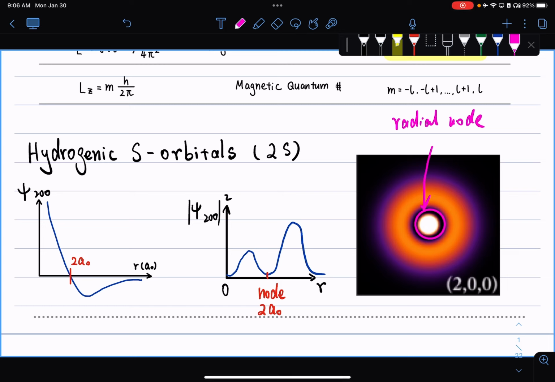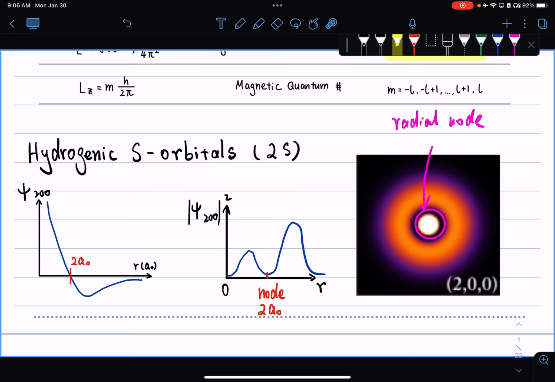For the 2s atomic orbital, you have high probability of finding the electron within that small circle, where r is smaller than 2a naught, and also outside, when it's bigger than 2a naught. But around that radial node, you have very low probability of finding the electron. That's the physical meaning of a radial node. Because your wave function is 0, you have low probability of finding the electron around the node.